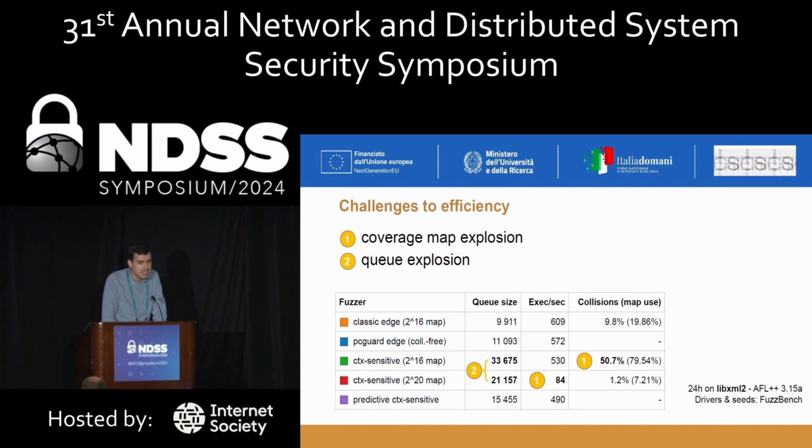The moment that you add context sensitivity, your number of potential edges that you traverse becomes a lot bigger, and this brings collisions in your map. We know that already for edge coverage, collisions are bad. So what you can do is use a bigger map, and that's what they did in prior research. The problem with that is that your performance is going to go down because every test case is going to take longer to be analyzed and compared.